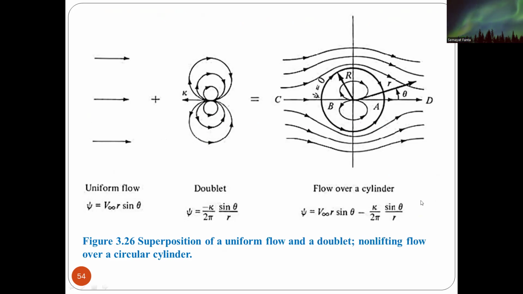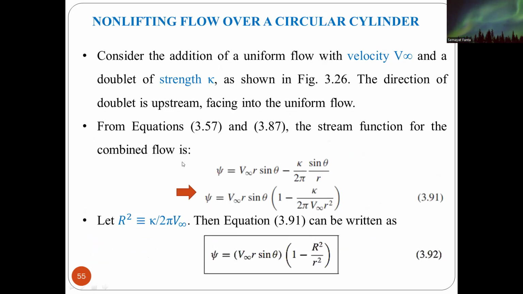We sum them up, and finally what we get is flow over a cylinder. This superimposition of uniform flow and doublet flow produces non-lifting flow over a circular cylinder.